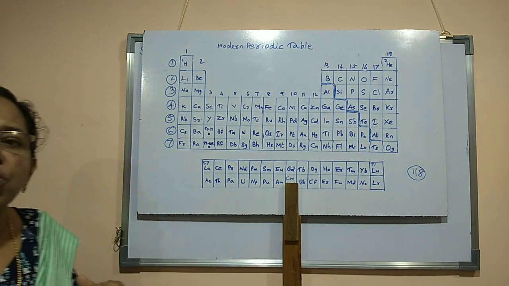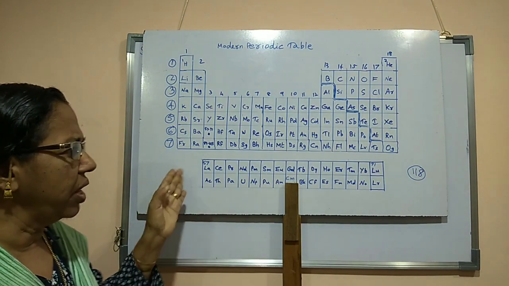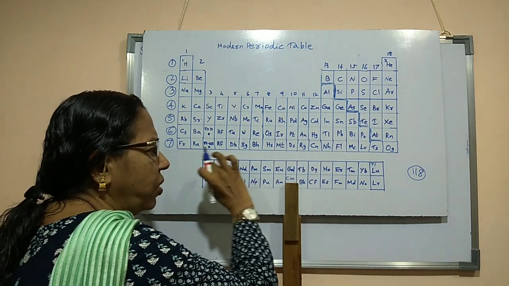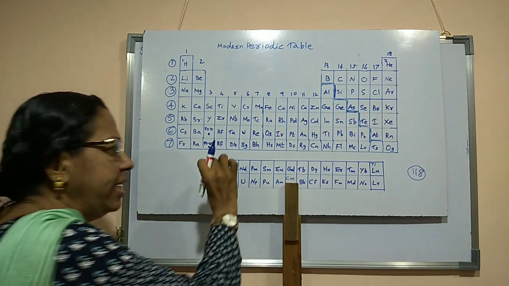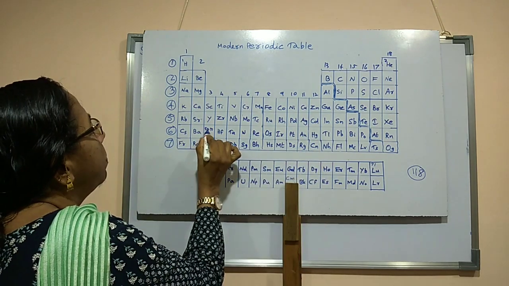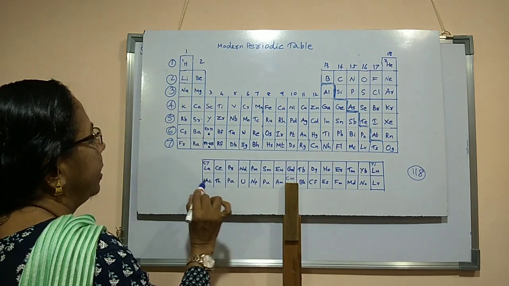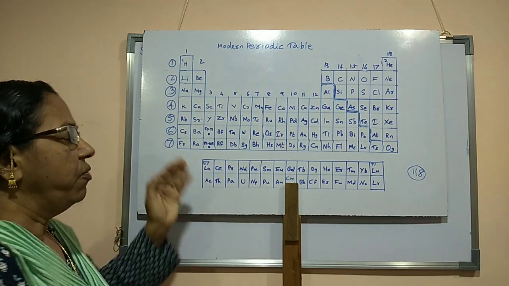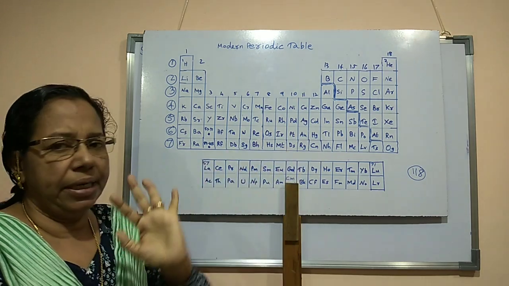Now there may be a doubt from your side, that downside also you are finding periods. But these are not separate periods. These elements are from here and these elements are from here. Why did they keep them separate?